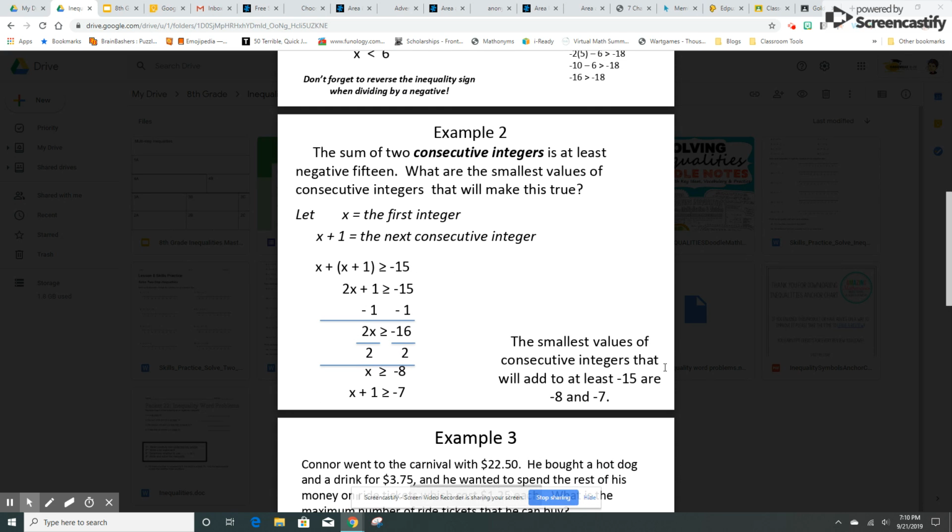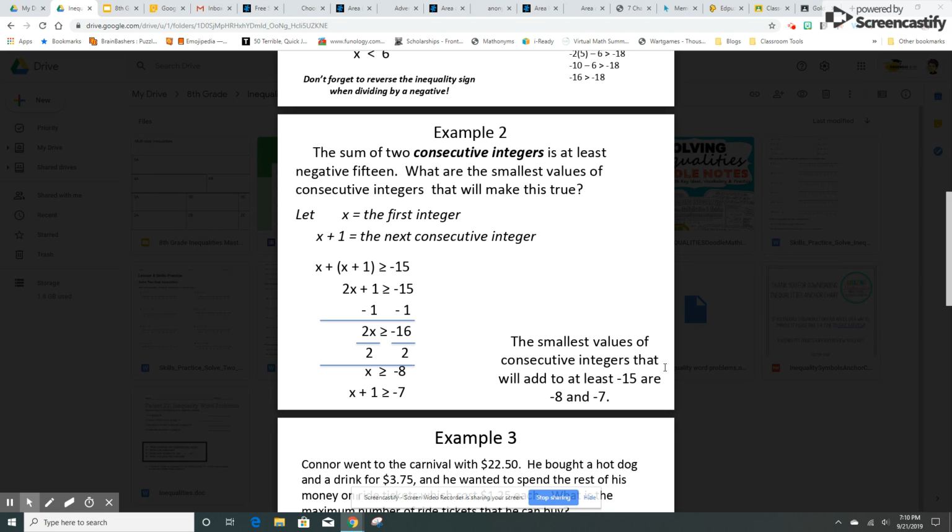Let's look at the next example. The sum of two consecutive numbers is at least -15. So when we have consecutive integers, it means we're going to have a variable and a variable plus 1. So we have x and x plus 1. And it says the sum of those, so that means we're going to add them, is at least -15.